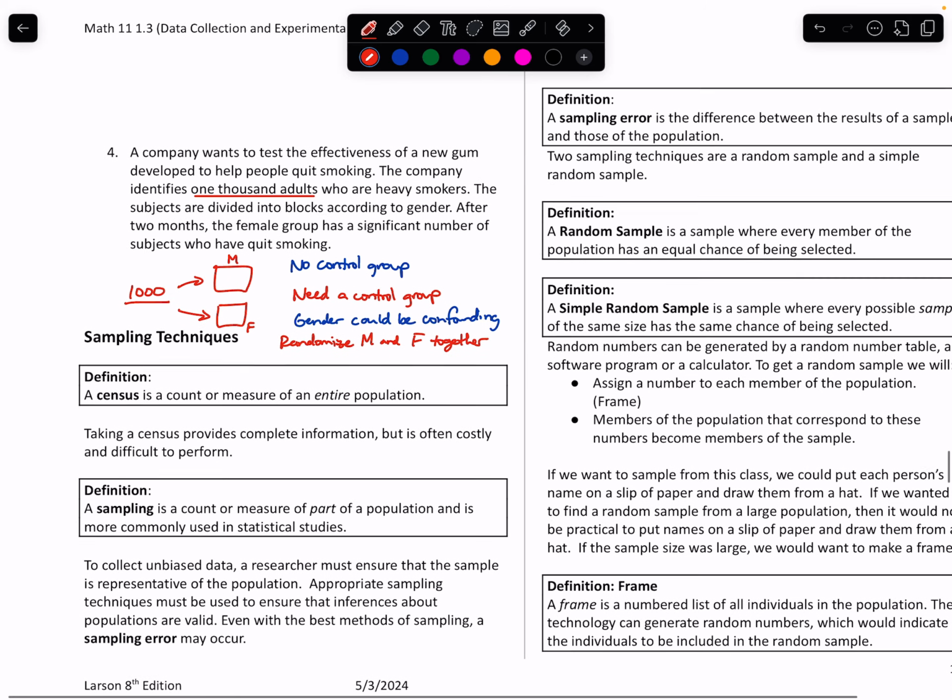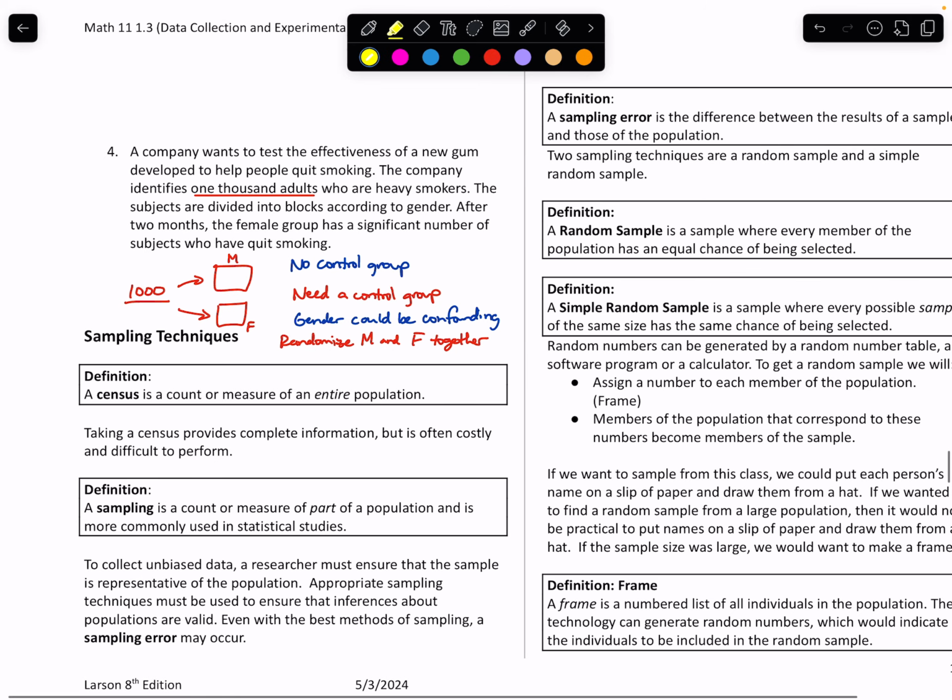So some different sampling techniques. First of all, the one you might have heard before is something called a census, which is when we count or take measure of an entire population, which again is a little bit tricky. It provides complete information, but it is often costly and difficult to perform, right?